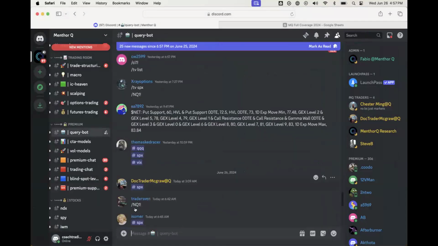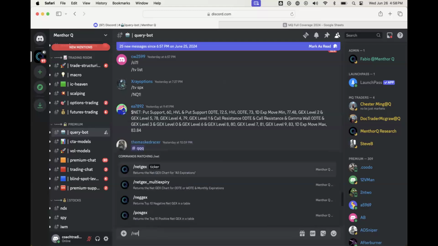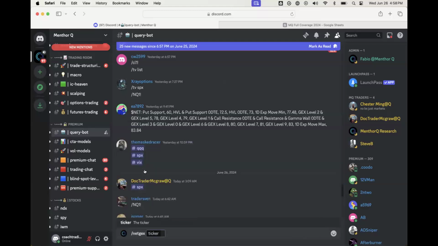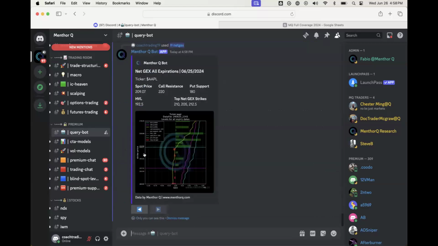Yeah, that's great, exactly. One other thing that you can do is through the bot. If I want to see how the main levels, so not all the JAX 1 to 10, but how the call resistance and put support have changed, I have this backward arrow here.